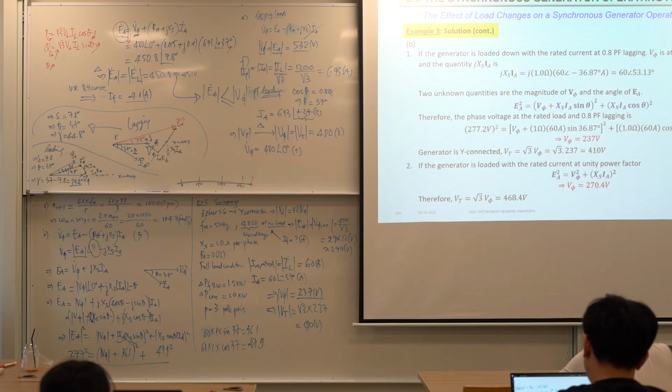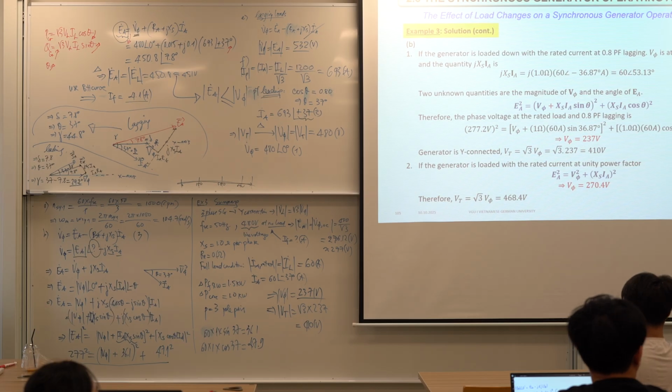We don't have. So here that means EA both sides we don't have the phase angle, plus j side we don't have the phase angle, minus j XS IA. Okay? We don't know the phase angle here. So to be careful.